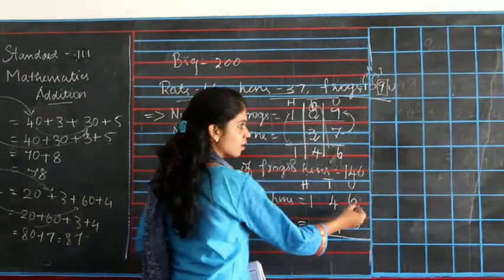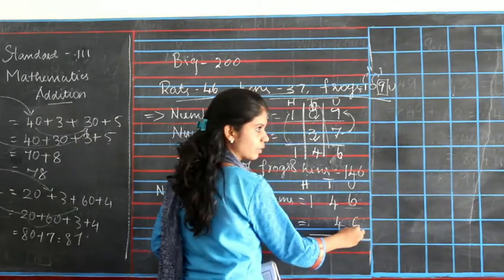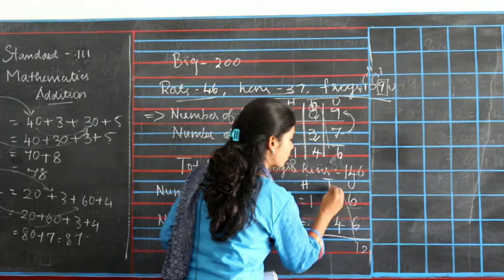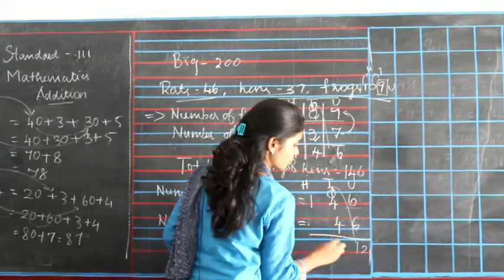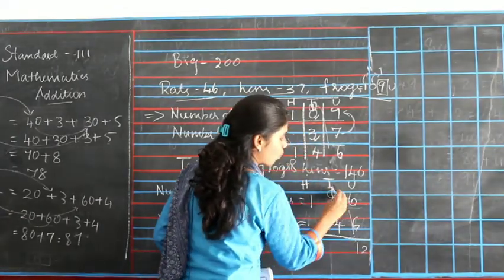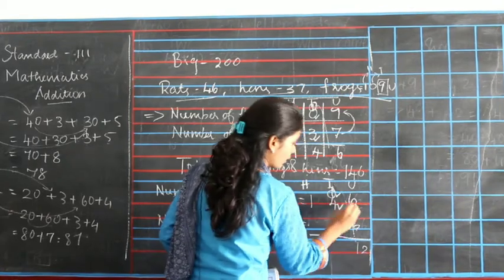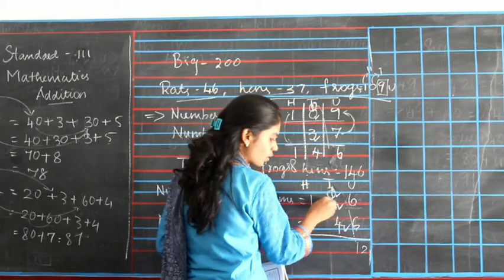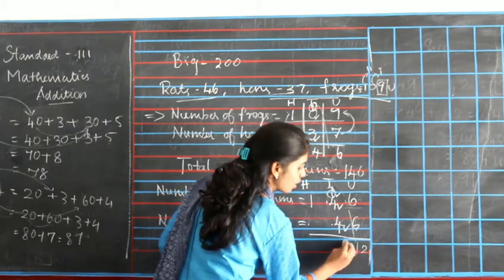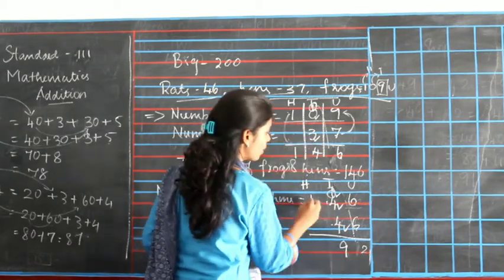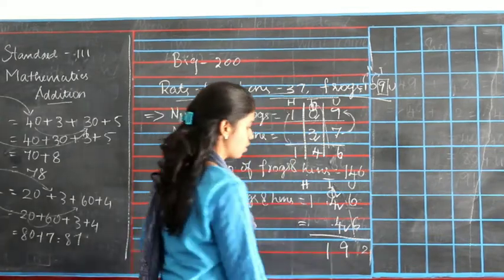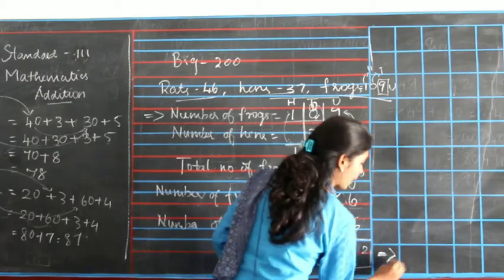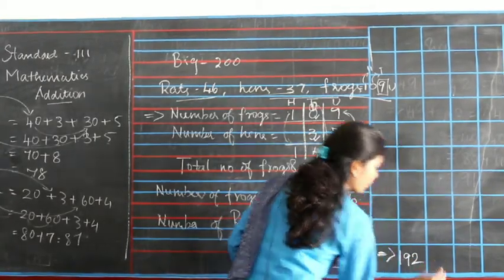So 6 plus 6 will be 12. This 10 will go on the top. So we have 1 here, and then 4 here, and then 4 here. 1 plus 4 will be 5. 4 plus 4 will be 9. And then 1. So the number of animals that returned from the party will be 192.